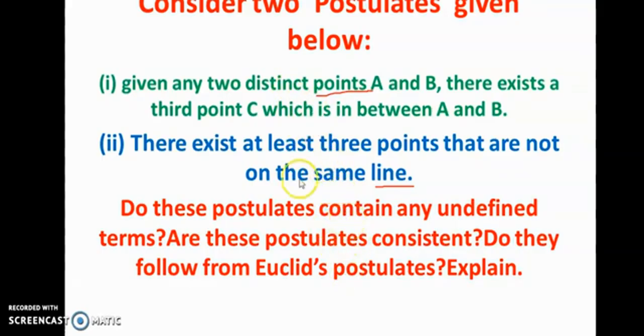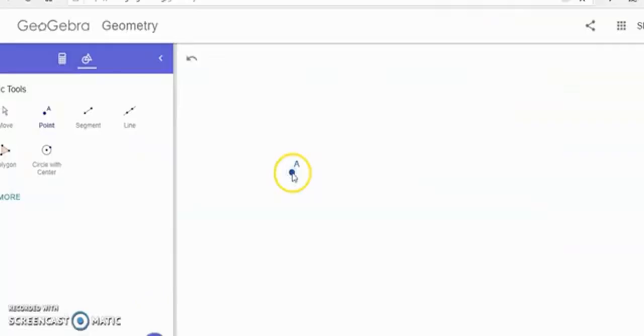In the first postulate, they have given that any two distinct points A and B, there exists a third point C which is in between A and B. Here there are 2 points A and B and another point C which is lying between A and B, like this.